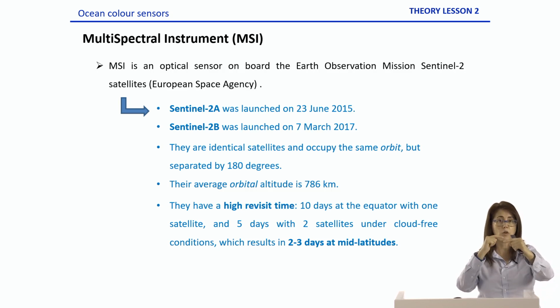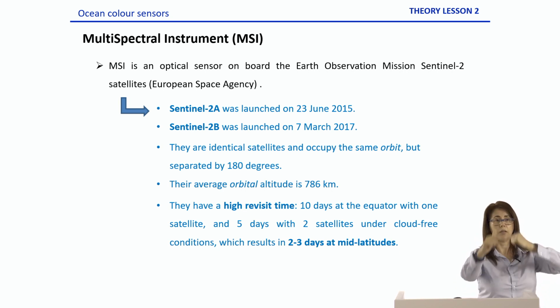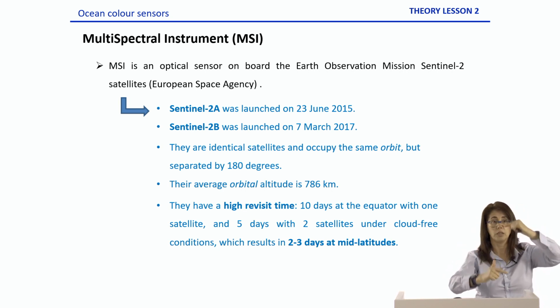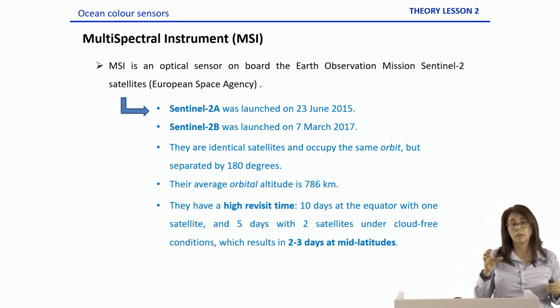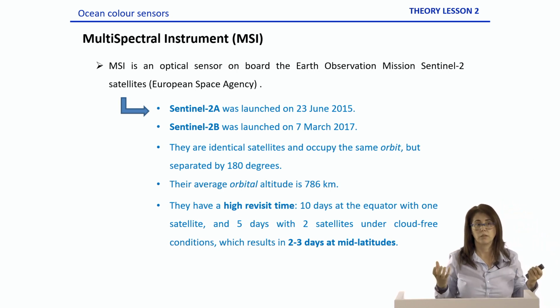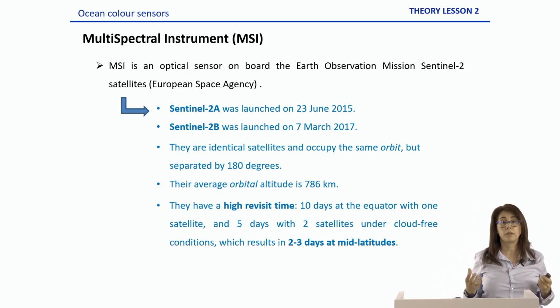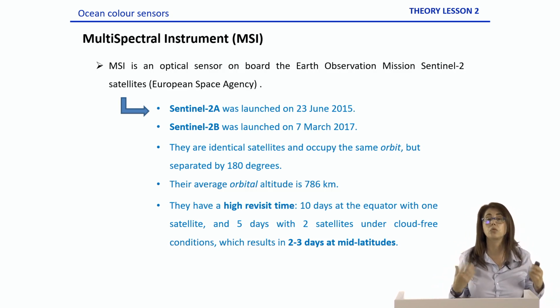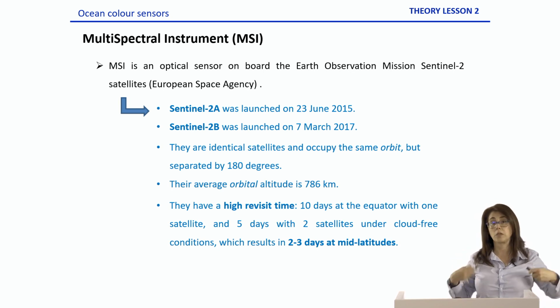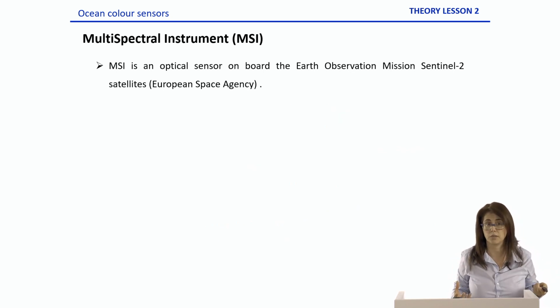So each one of them is on one side of the Earth, and they are orbiting the Earth, separated by these 180 degrees. That means that the revisit time is twice if we combine both satellites. And actually, we have a revisit time of approximately 2 to 3 days at mid-latitudes, so this is very good for short-lived HABs. Okay.